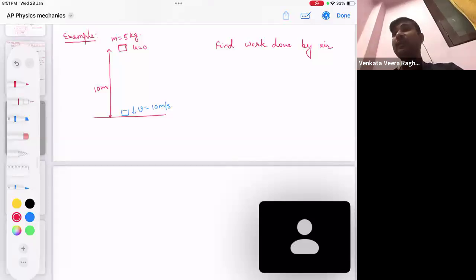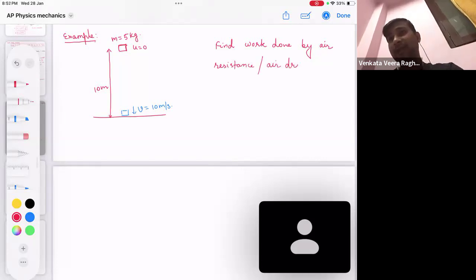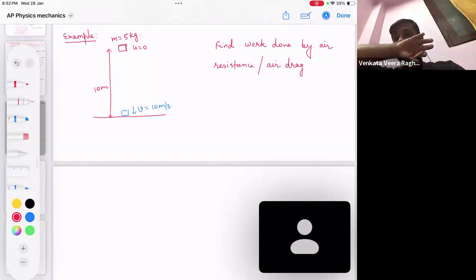Then you should only consider the magnitude of that value. Sometimes they will use the words work done by air drag or resistive force. Like that, they will use the words.